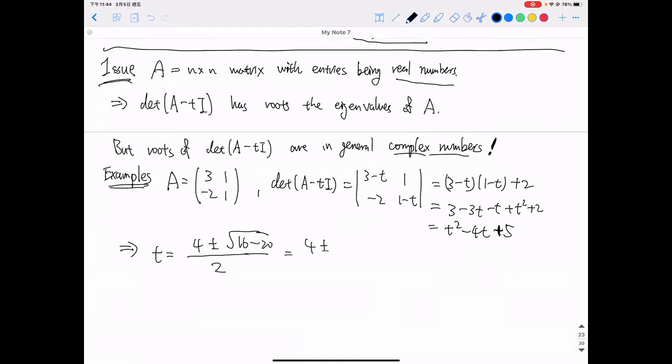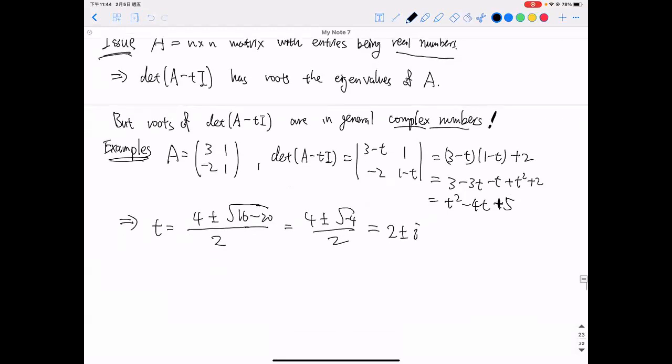So 4 plus or minus the root of negative 4, and divide everything by 2. So that's 2 plus or minus i, right? And this i here, if you've never seen this before, is the complex unit characterized by the property that i squared is minus 1.